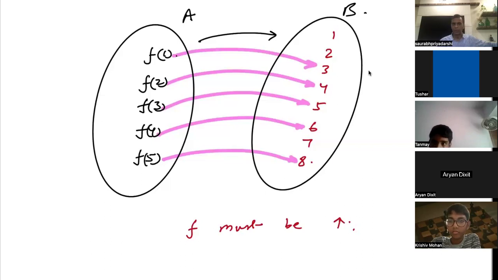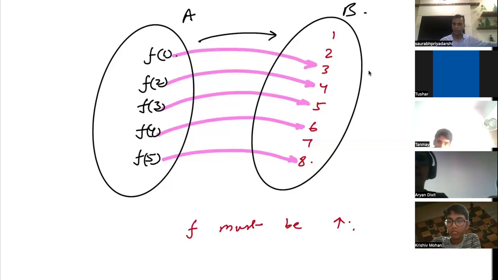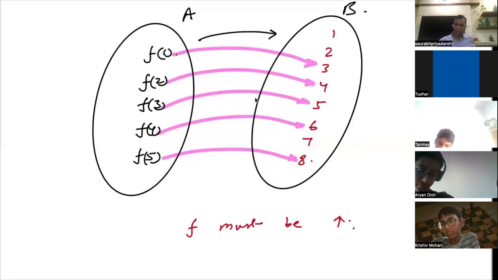This time we have to select 5, and just 3 of the numbers will be left out. We have not to arrange them. We have to only select them. Very good, Sanjana. Aryan.